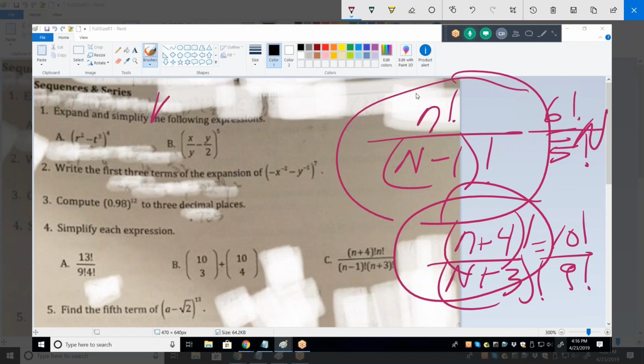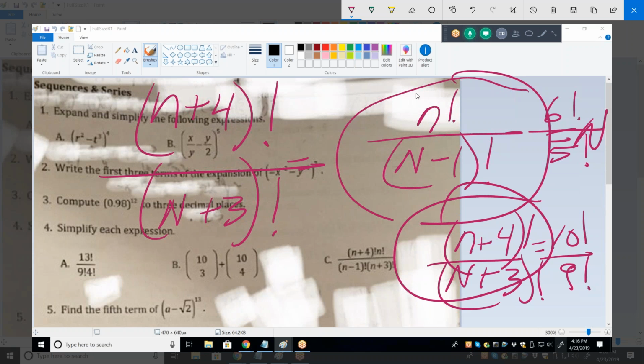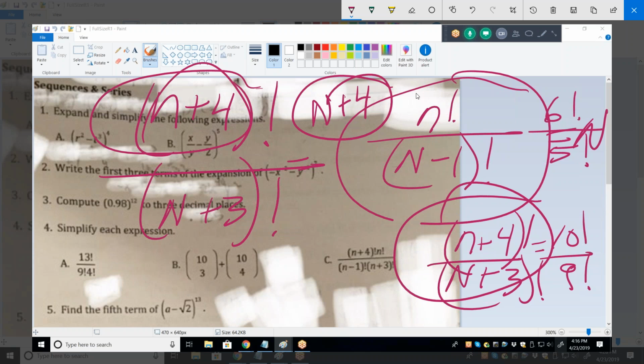Just in case I wasn't clear, n plus 4 factorial divided by n plus 3 factorial is equal to n plus 4. Yeah, that makes sense. If n factorial divided by n minus 1 factorial is n, then this is equal to that. Yes, sir. All right.